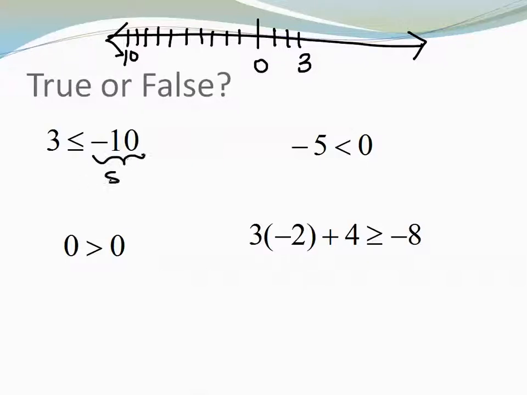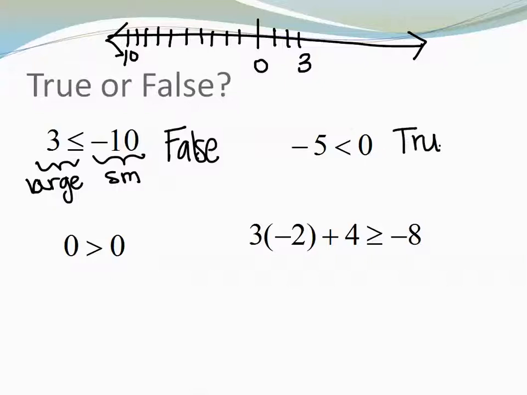So this is a small number compared to this, which is a large number. So positives are always greater than negatives, so this is false. Similarly, over here, negative 5 is less than 0. Yes, that is true. All negatives are less than 0.